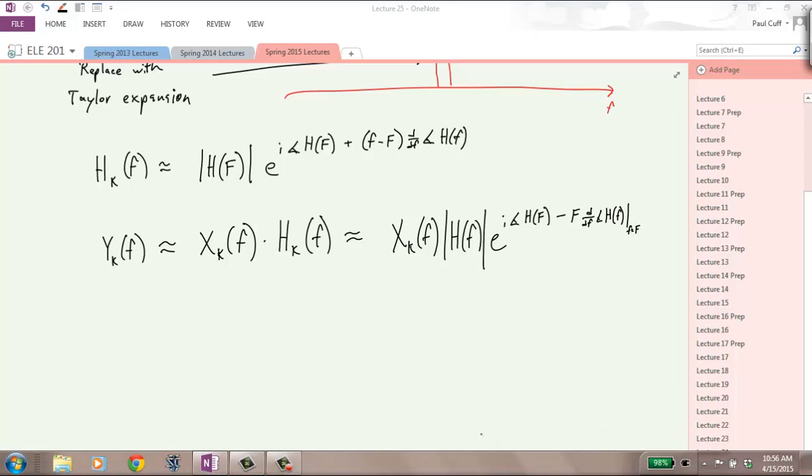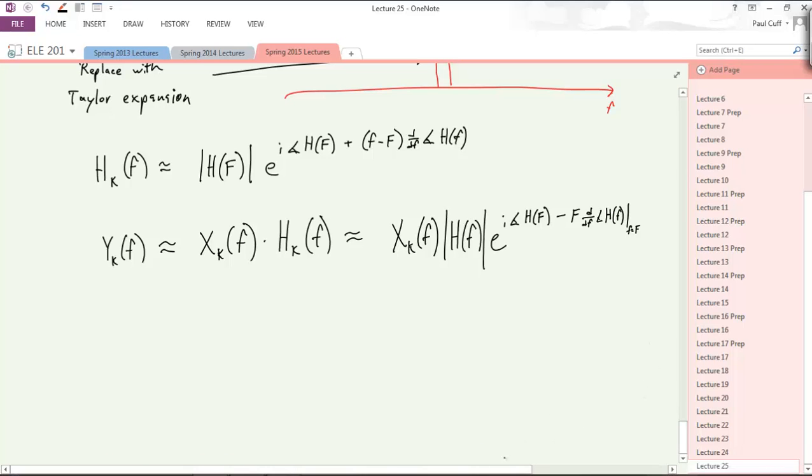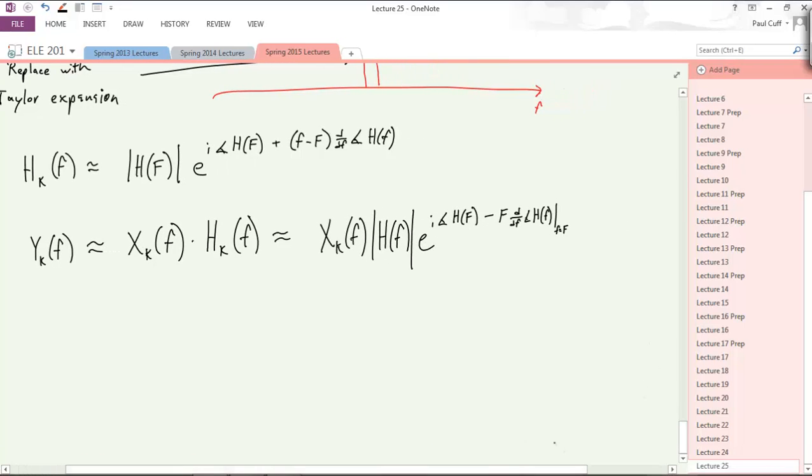Plus the same derivative, d/df, evaluated at f equals cap F, times little f.